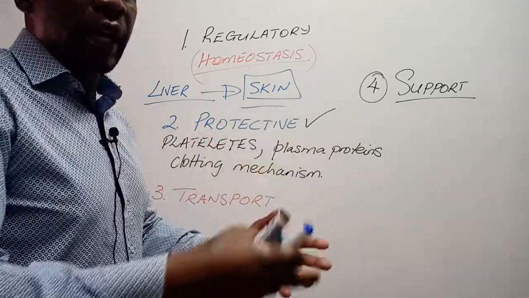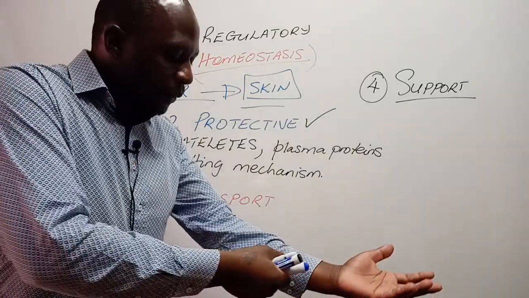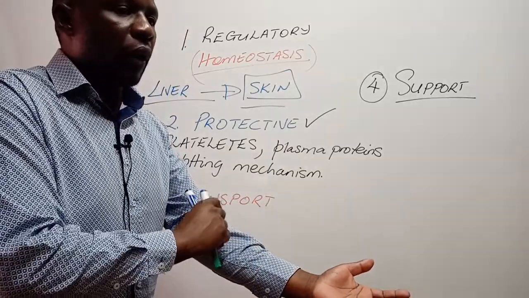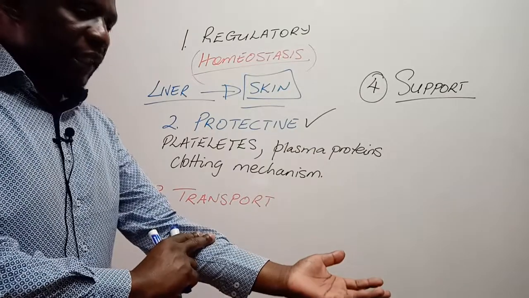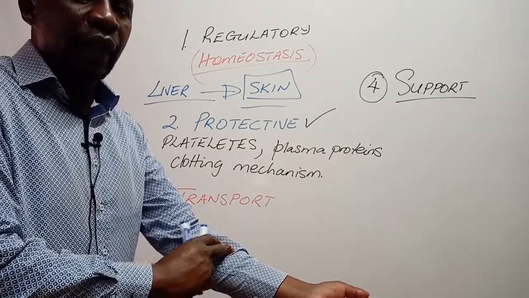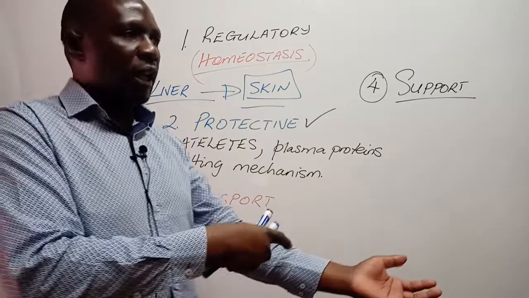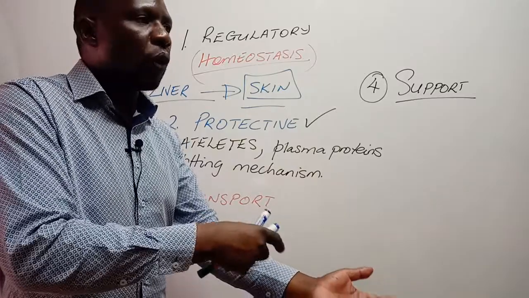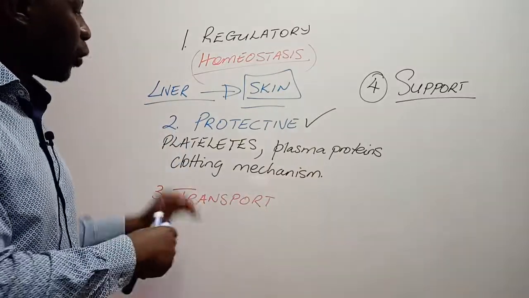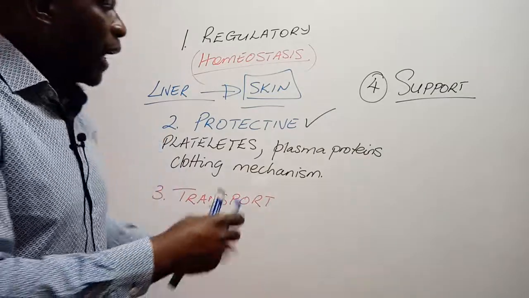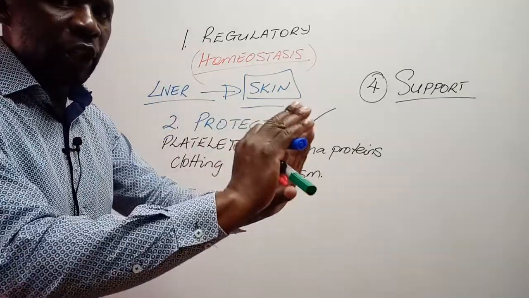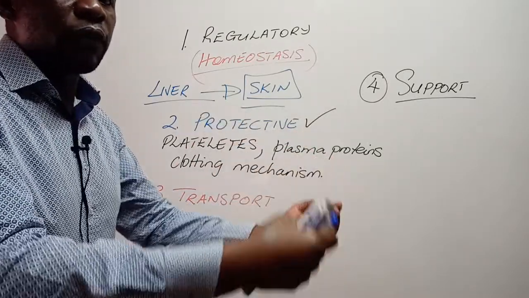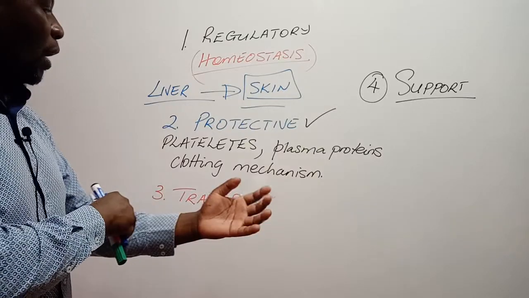That bruise or that cut is a potential entry point for disease-causing organisms. So our blood is intelligent enough to have platelets and plasma proteins that will clot and close that particular part so that the disease-causing organisms do not find entry into our bodies.